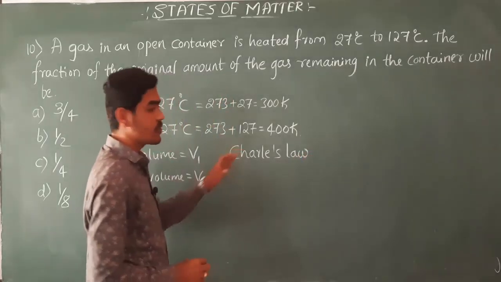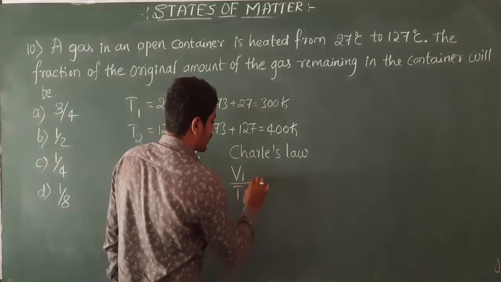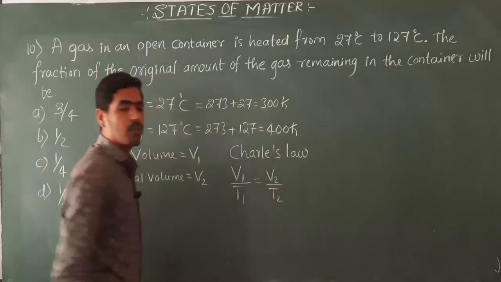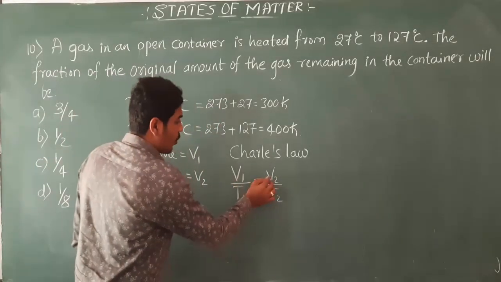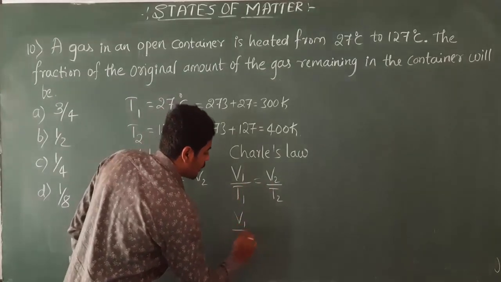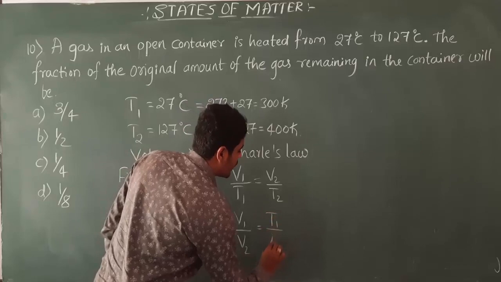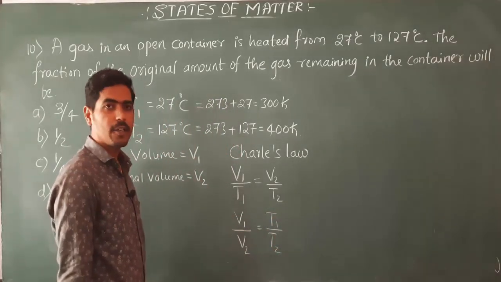Therefore, we will use Charles law, and according to that, V1 by T1 is equal to V2 by T2. So this is the formula that we have. Now take volumes one side, that is V1 by V2 equal to T1 by T2.